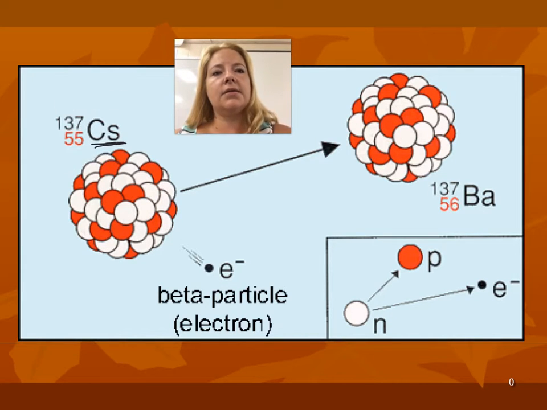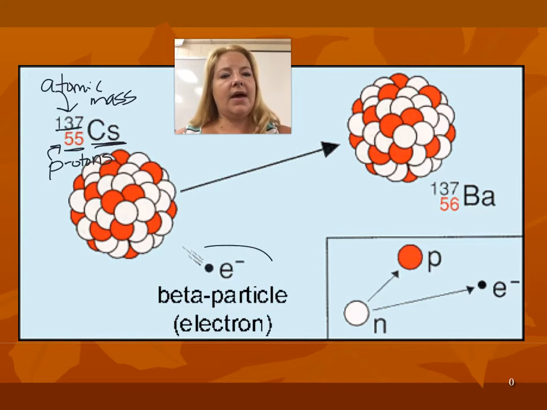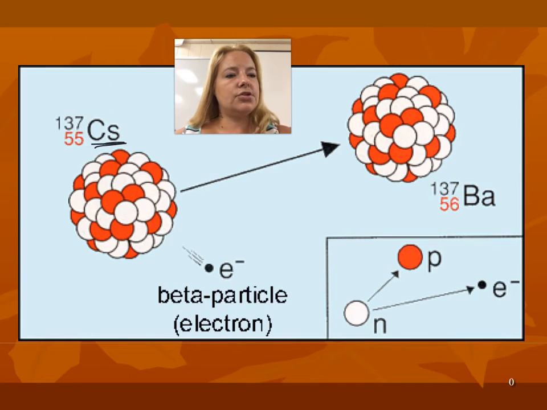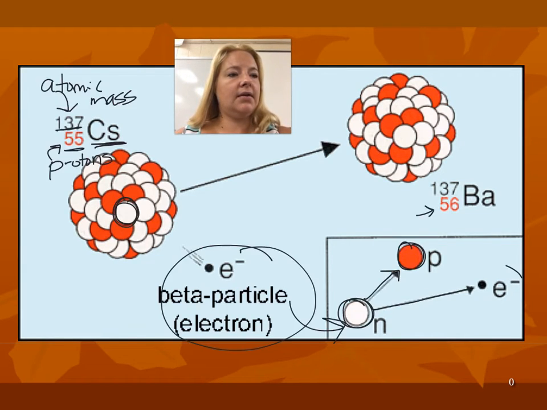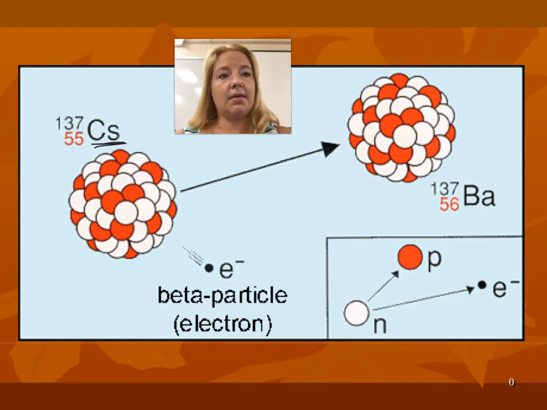And so what happens with the beta decay is we have the beta particle here that gets released. So I've got a little visual here that shows you that we've got a neutron, which is the white particle here, and that is breaking down into a proton. So we're gaining a proton, okay? And we are also gaining an electron, but that doesn't affect the mass at all.